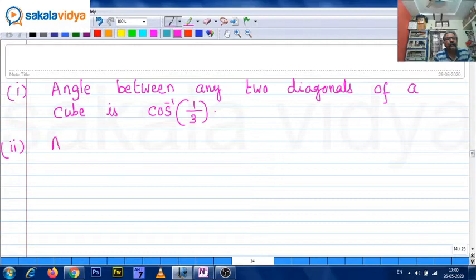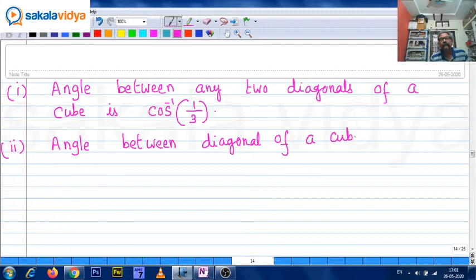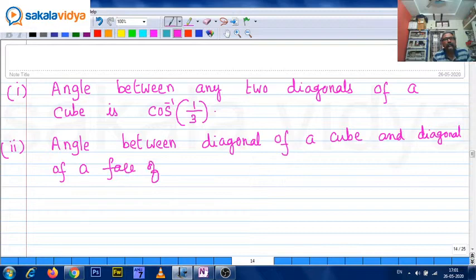Second point: the angle between a diagonal of a cube and a diagonal of a face of a cube is cos inverse of root 2 by 3.